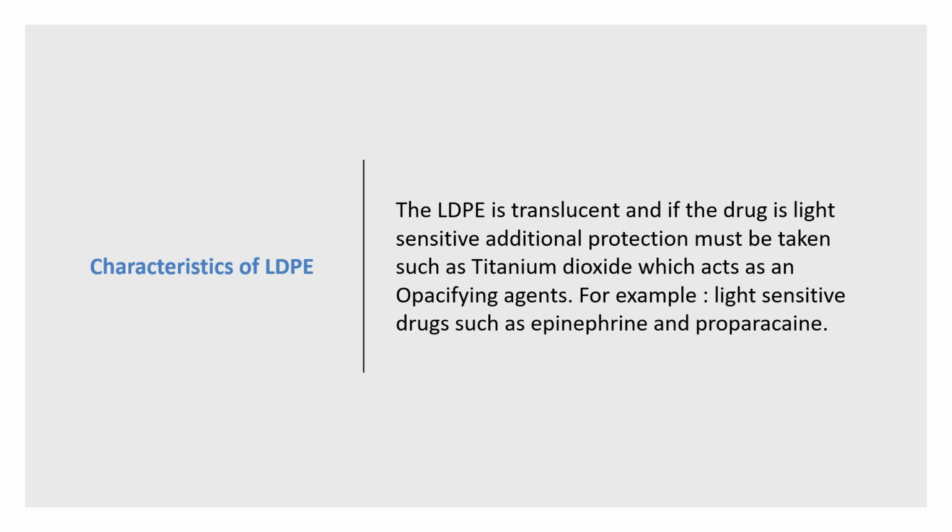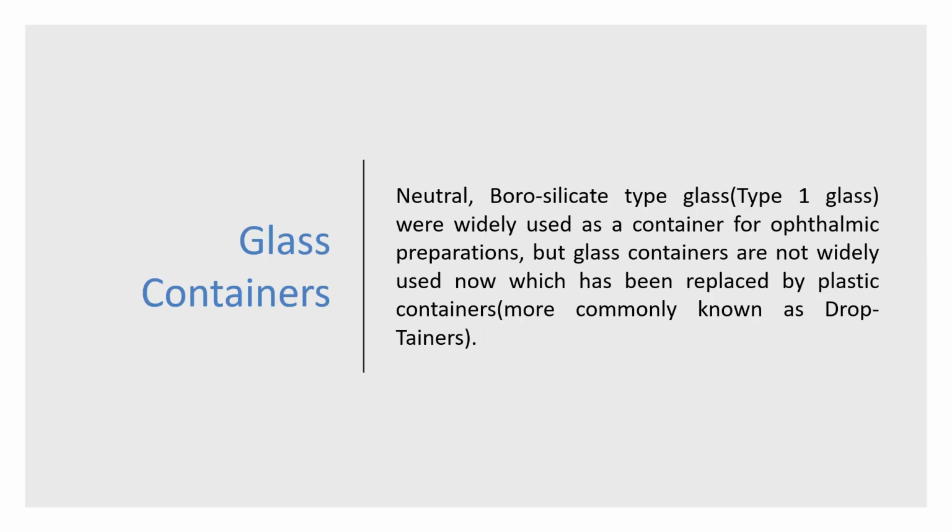So if the drug is light sensitive, additional protection is utilized by the addition of titanium dioxide, which acts as an opacifying agent. For example, for drugs like epinephrine, since this drug is light sensitive, while packaging, an additional opacifying substance such as titanium dioxide is added into the packaging, so that the drug stability remains intact.